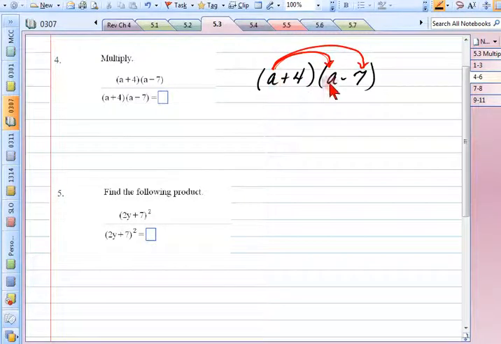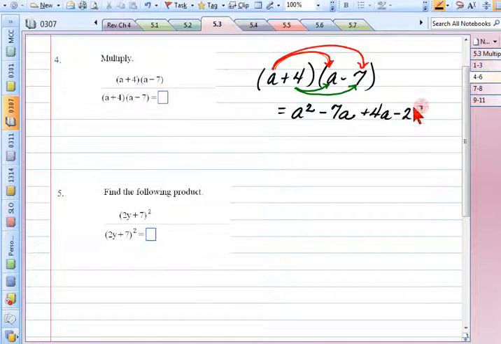So what's a times a? It's a squared. What's a times negative 7? Negative 7a. All right, now I'm going to distribute the 4. I have 4 times a is 4a, and I have 4 times negative 7 is negative 28.